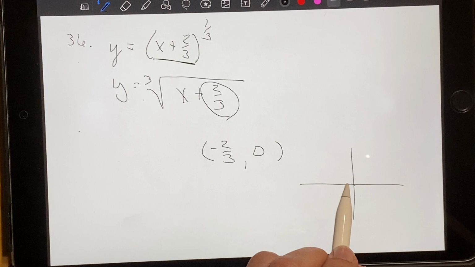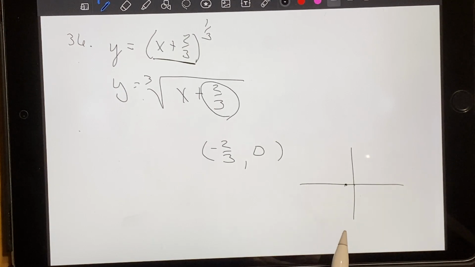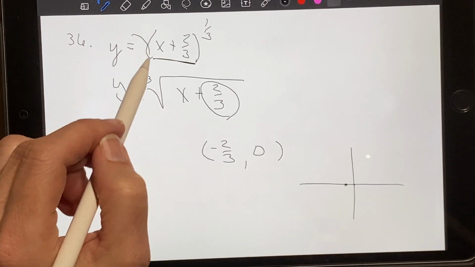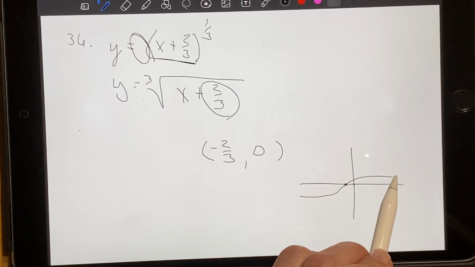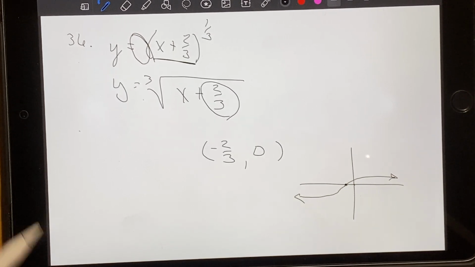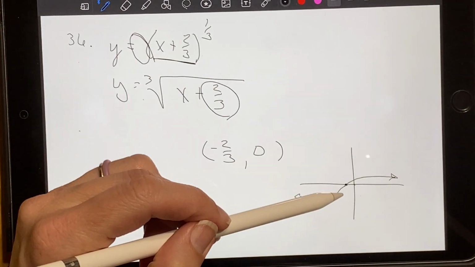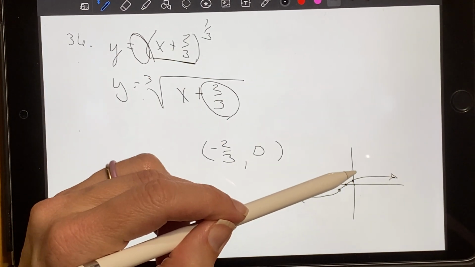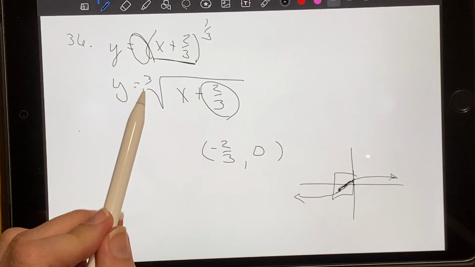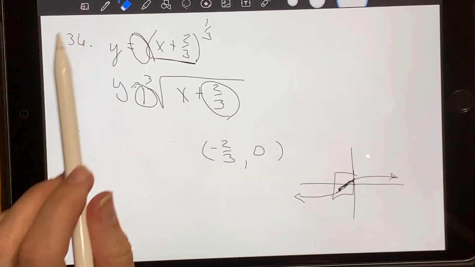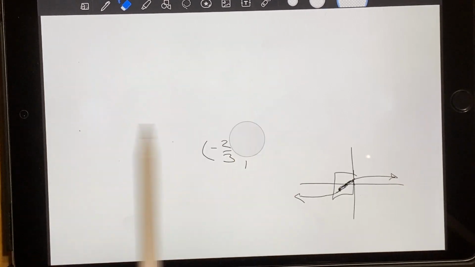I'm starting at (-2/3, 0). And I would still have my positive a value. And so I'm going to have my S-curve look like that, so that when I go from point to point, I would have that +1 slope for that a value.